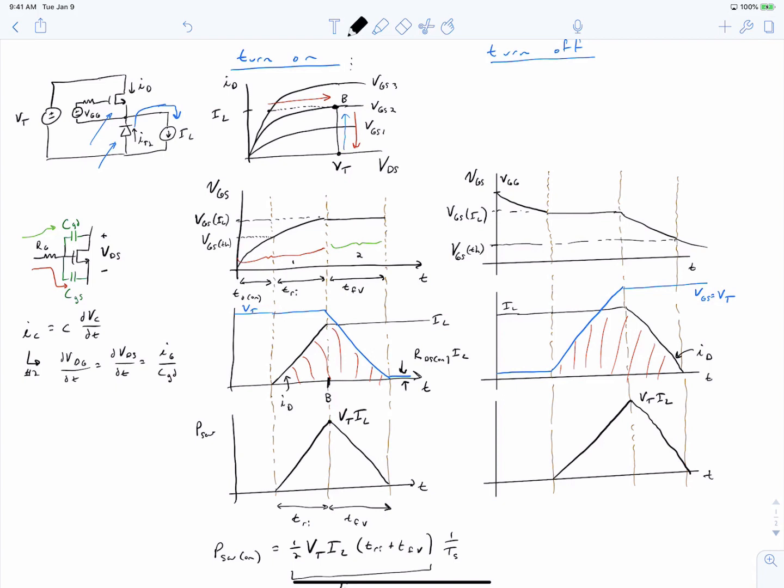And we can label these time intervals. This first interval is our delay time before it turns off, so TD off. This next interval is our voltage rise time, and then our current fall time.